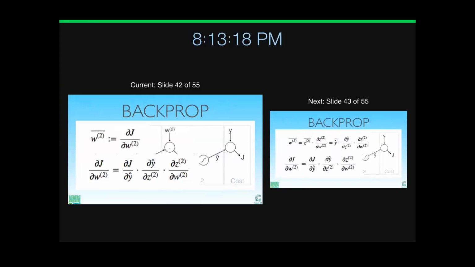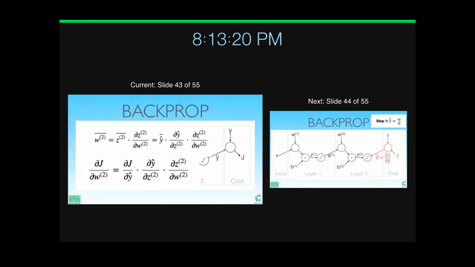And so I can rewrite this ugly formula as overline of W2 equals overline of Z2, which is basically this whole thing, times the derivative of Z2 with respect to W2, or overline of Y times this other. Just notation changes. But now the magic happens.